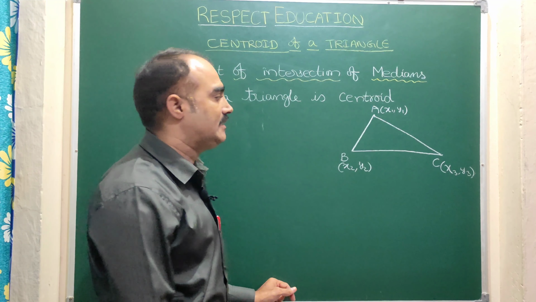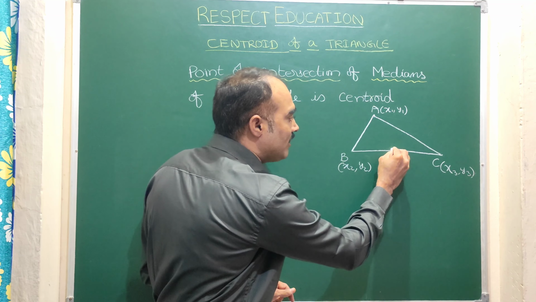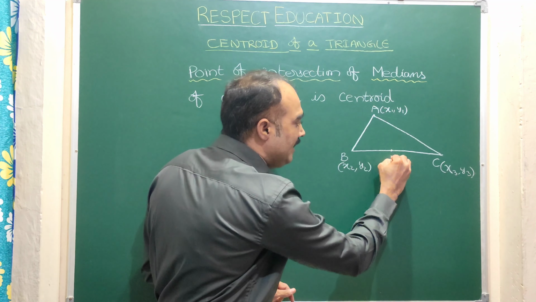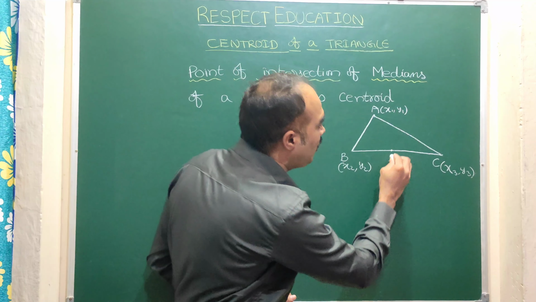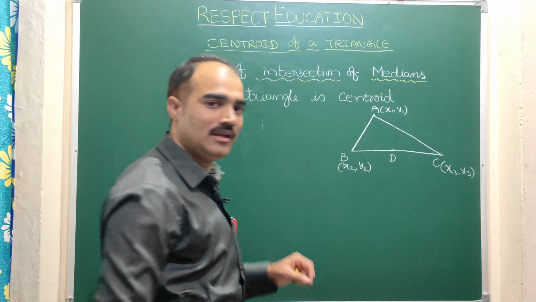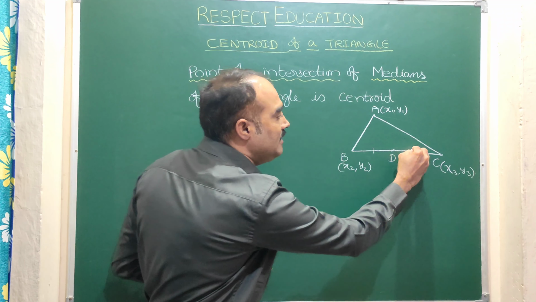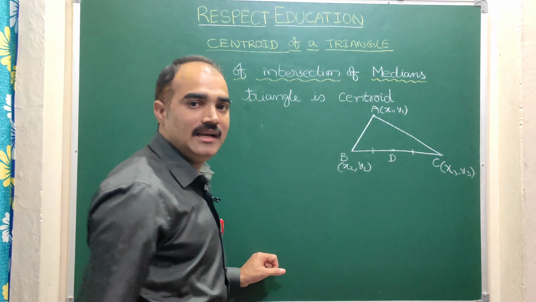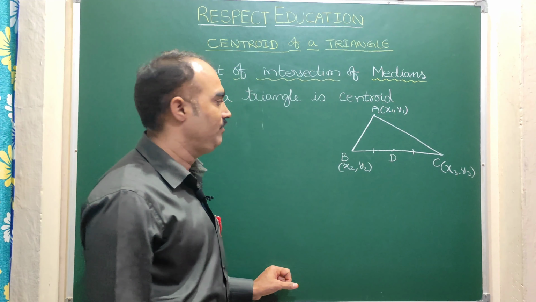As it has three sides, if you consider the midpoint of each side, for example here I am taking D as the midpoint of BC. Midpoint means, as you know, this divides in the ratio 1:1, or we can say the distance BD is equal to the distance DC. Then only we can call D the midpoint of BC.